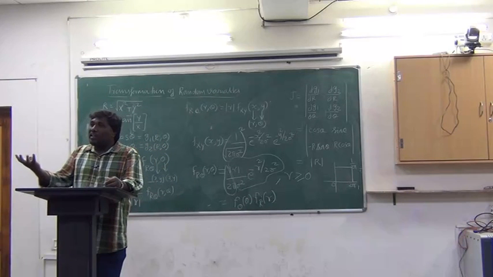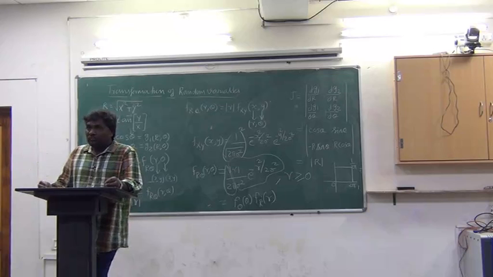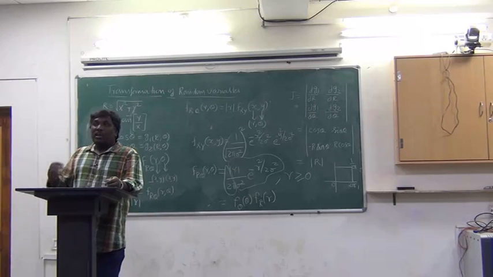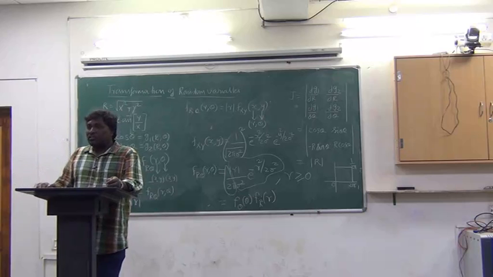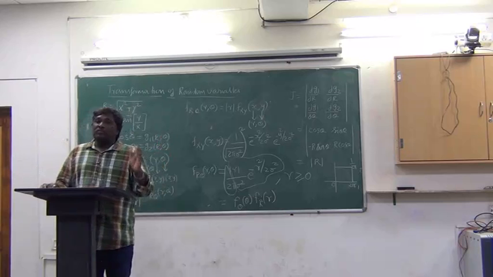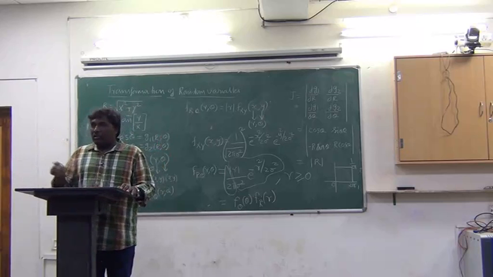So if you are having Rayleigh distributed data, then I can generate Gaussian distributed data straight away. But how to get Rayleigh distributed data is the question. As I told you at the beginning, we can do it from uniformly distributed data. I will tell you how that is done.